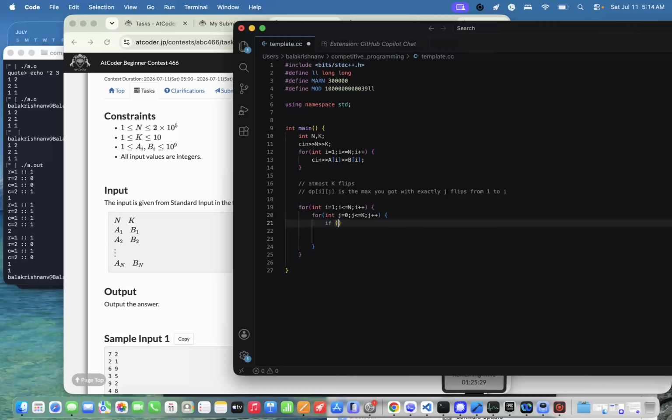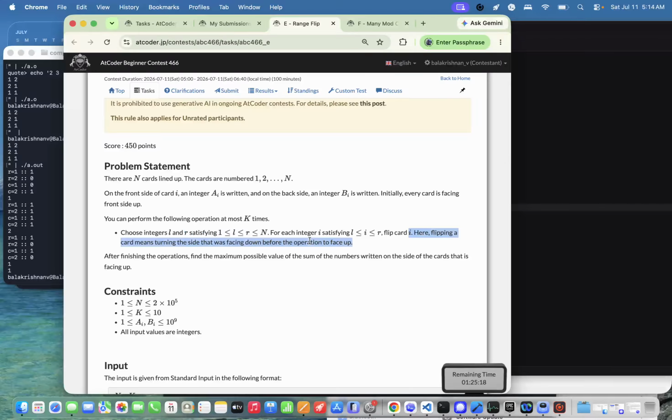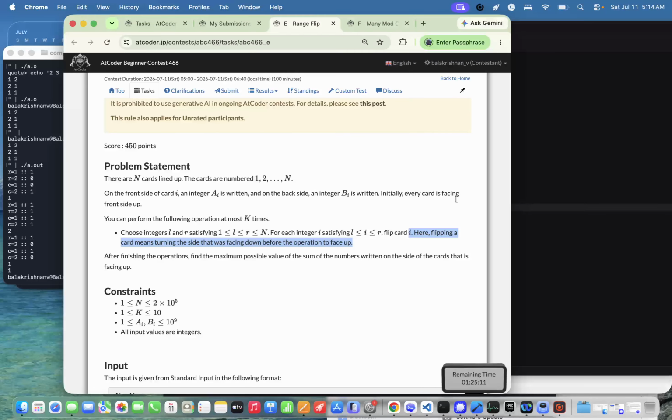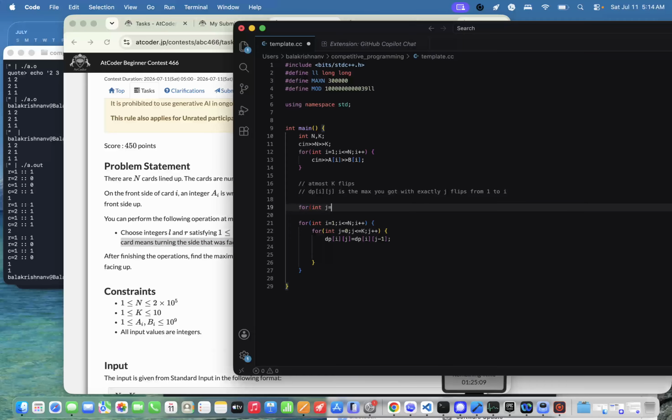So obviously if you did 0 flips, yeah, then dp of i j is the same as dp of i minus 1 j. It's the sum of them, right? Flipping of the card means this, which means you cannot do any flip. That's fine. For j, j plus plus.